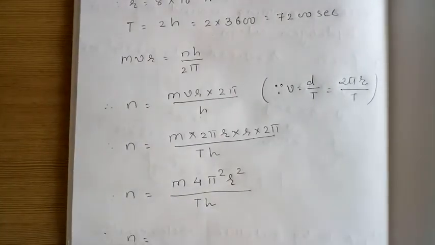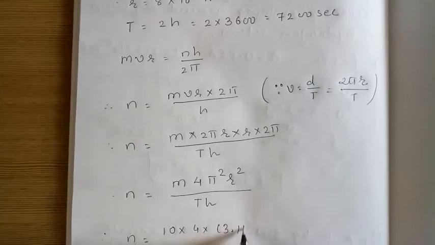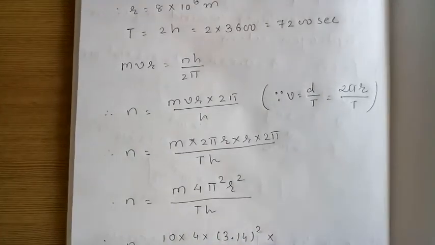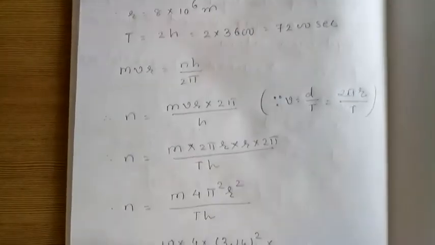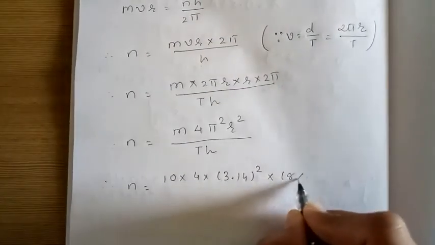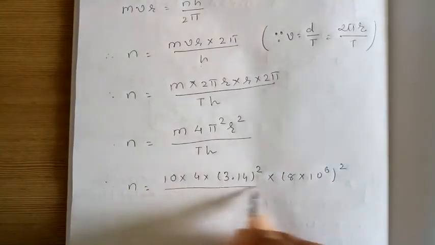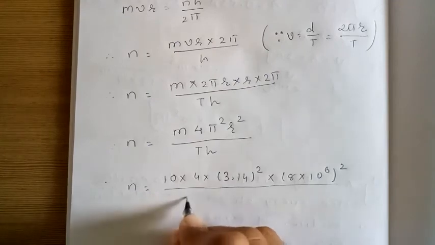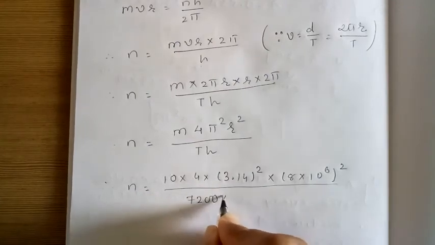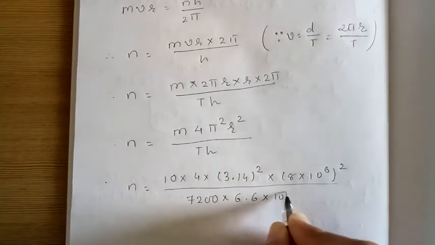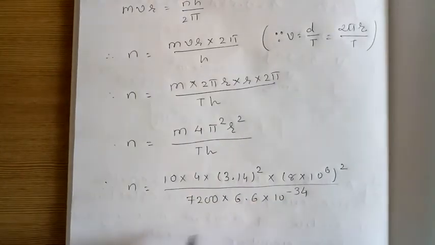So n is equal to the mass of the satellite 10, 4 as it is, pi square, so 3.14 whole square, r square, the value of r is 8 into 10 raised to 6, so 8 into 10 raised to 6 whole square, divided by the value of t, 7200, and the value of h, 6.6 into 10 raised to minus 34.